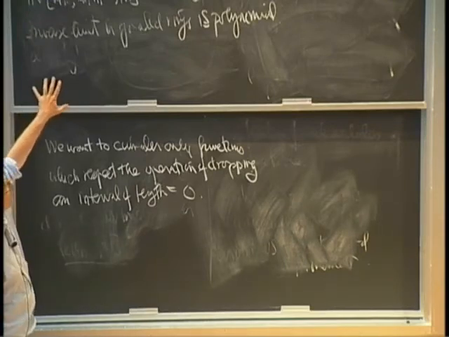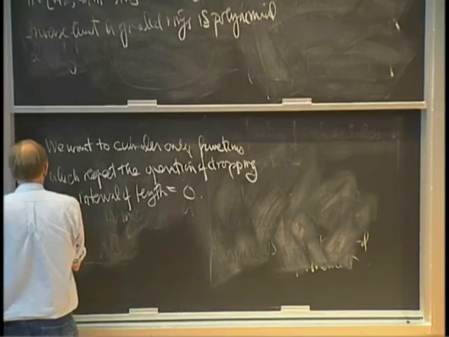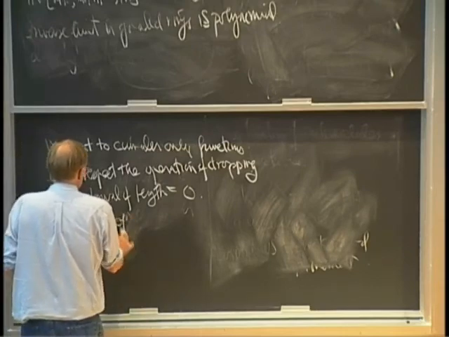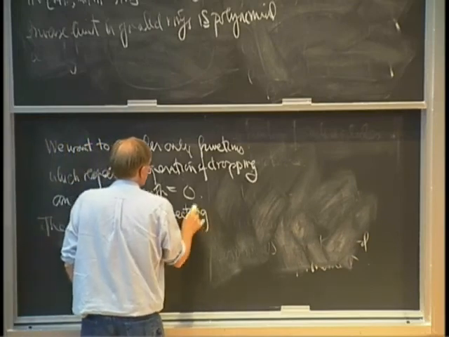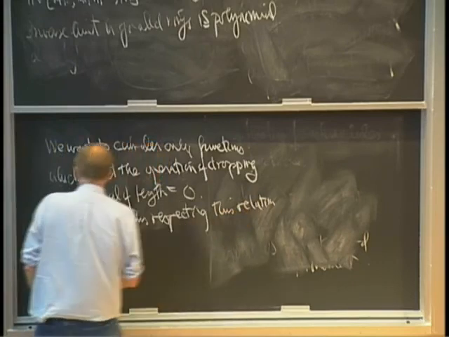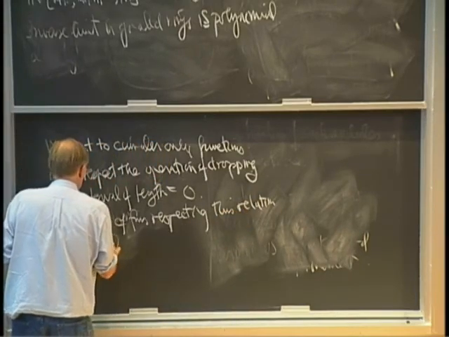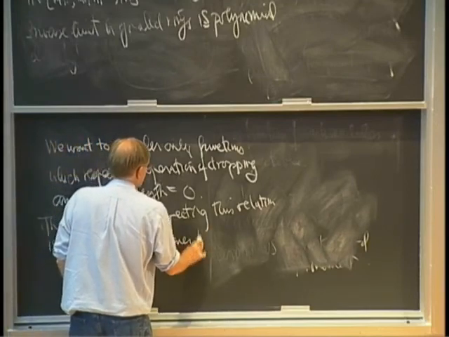The subring of this inverse limit, which respects that relationship, is still polynomial, with n generators in dimension n.